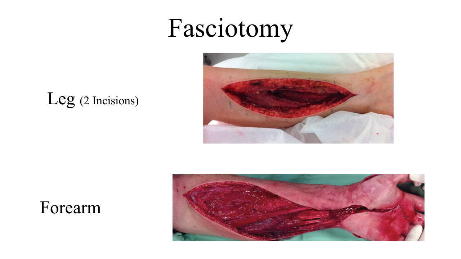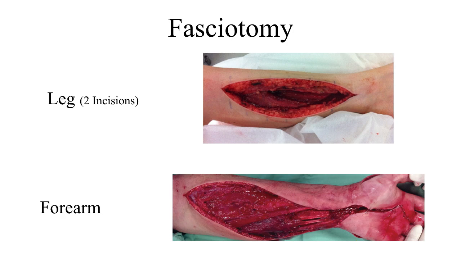You have to do a re-exploration after 48 hours to see whether there is any further necrosis of the muscle. And if there is no further necrosis of the muscle, then a plastic surgeon opinion has to be obtained for coverage of the fasciotomy wound, either with a split skin graft or a flap, depending upon the status of the wound.